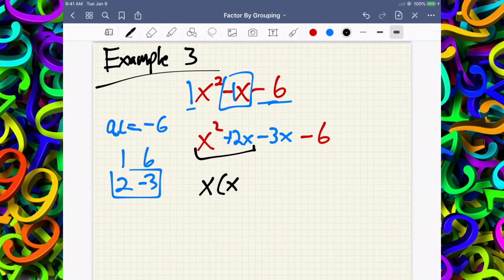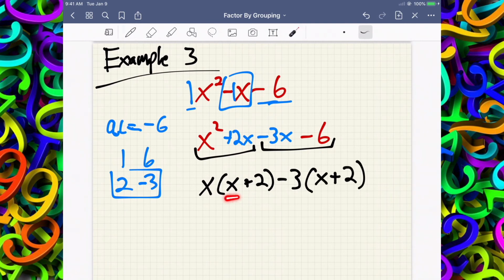We get x times x plus 2. Our second group here has a common factor of negative 3. So notice now we have a negative right here, usually the same as this symbol here. So we factor out that negative 3 and we're left with x plus 2.